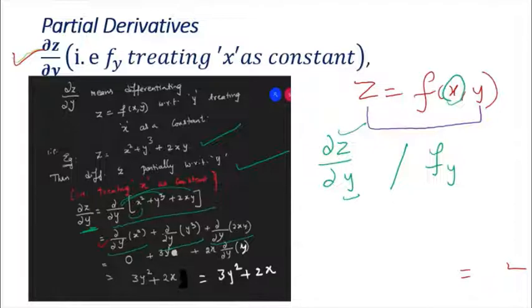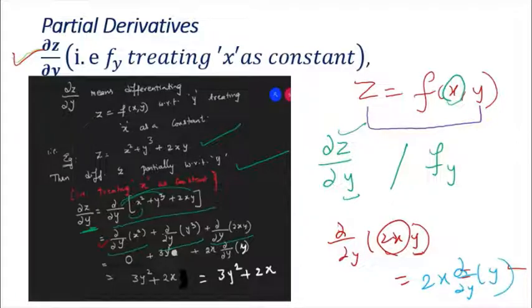In this, y is the only variable, other 2 and x both are constant. So you can write it as 2x into dou by dou y of y, which is equal to 2x into 1, so it is 2x. So finally the answer is 3y square plus 2x.